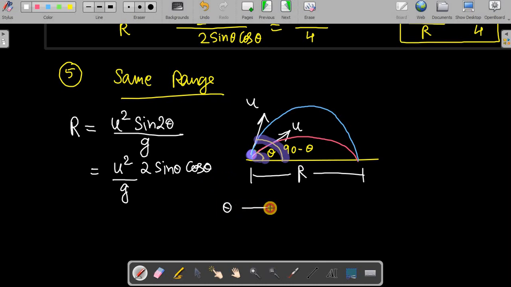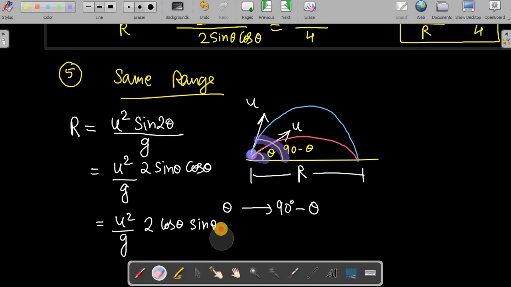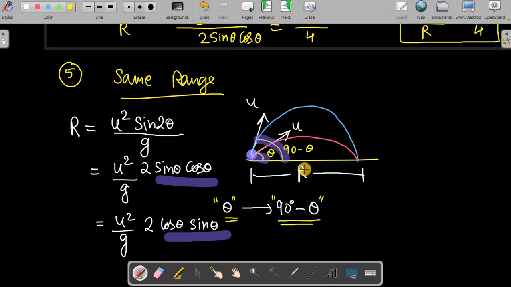If I replace theta with 90 degrees minus theta, then sin will become cos and cos will become sin, because sin of 90 minus theta is cos theta. So sin and cos will interchange, but the product is going to remain the same. That is why they will have the same range. So if we use angle theta and angle 90 minus theta, range will be the same, but other things are going to be different.